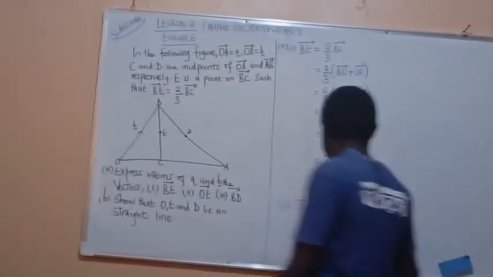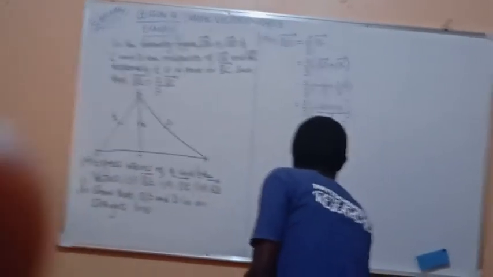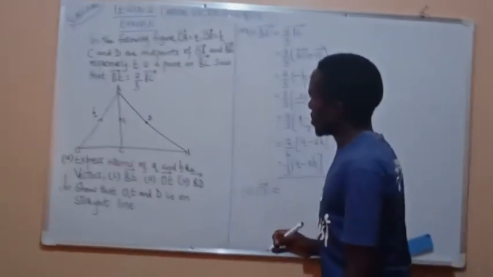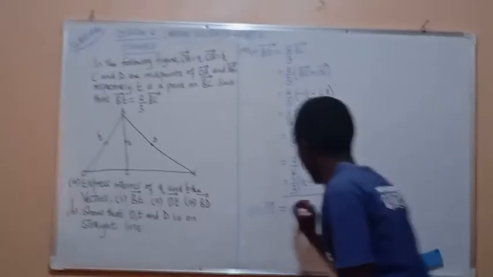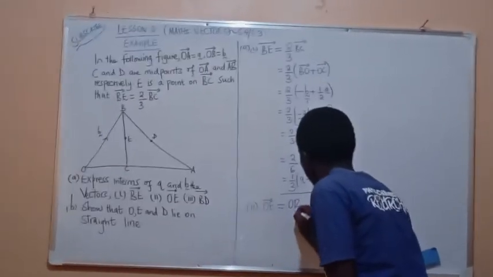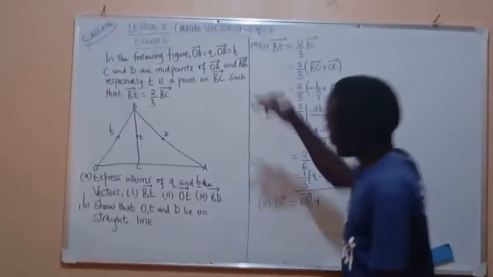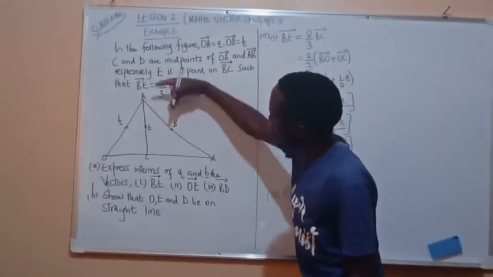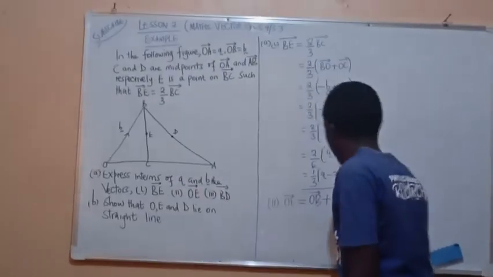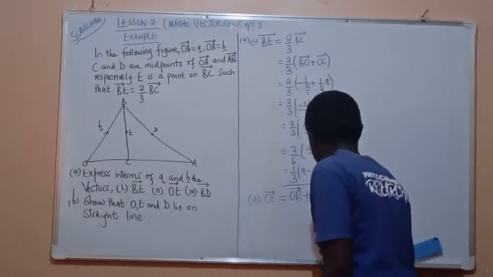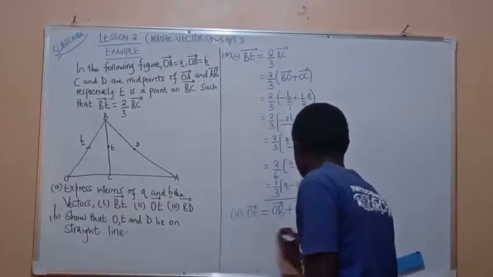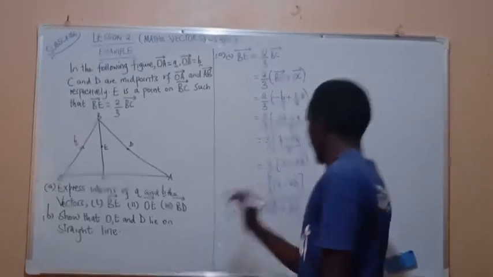So, allow me to say that my OE is equal to OB. I'll first move up to OB, after reaching OB plus, but I'm going to E. I've reached at B, so I will say plus BE. Very excellent. But we have everything given to us.